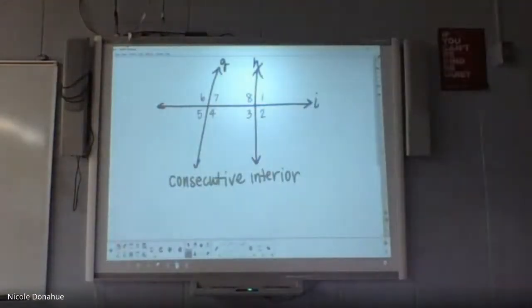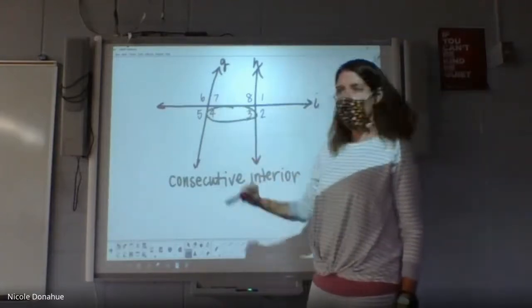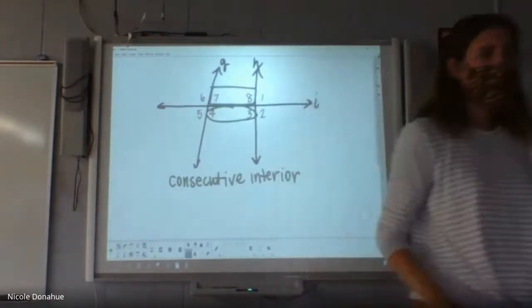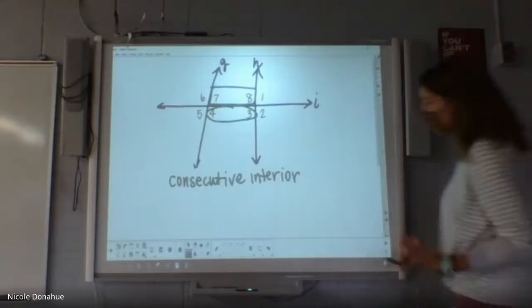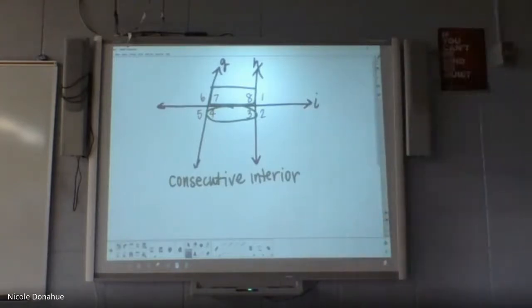So consecutive interior angles are on the same side of the transversal, but on different intersections. So 4 and 3, or 7 and 8. Okay? All right, our last one, for whatever reason, this one's a confusing one for people to visualize.